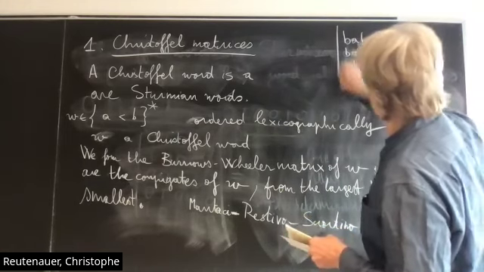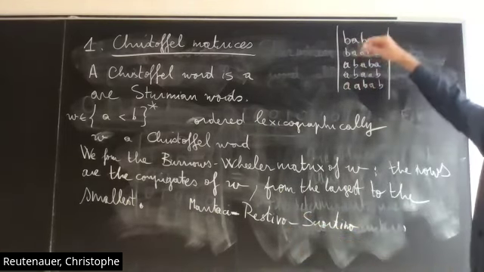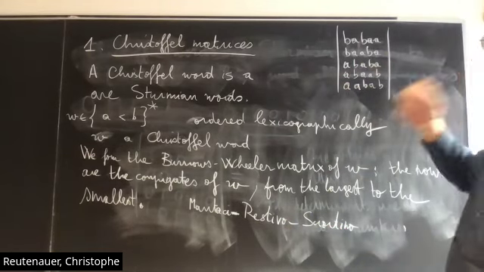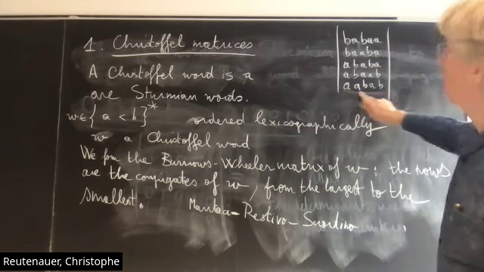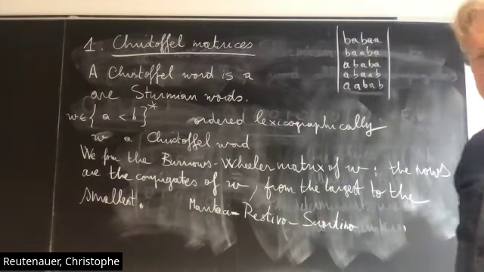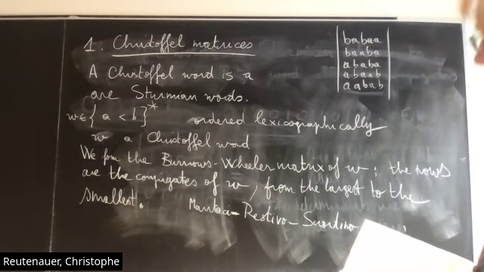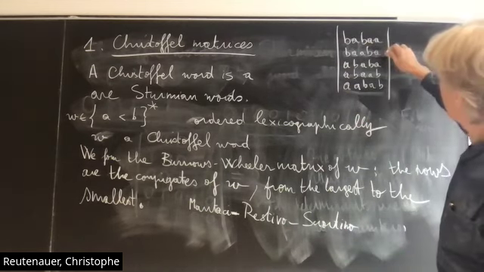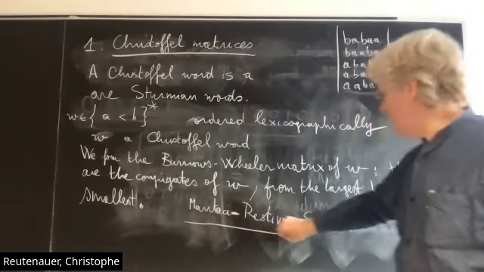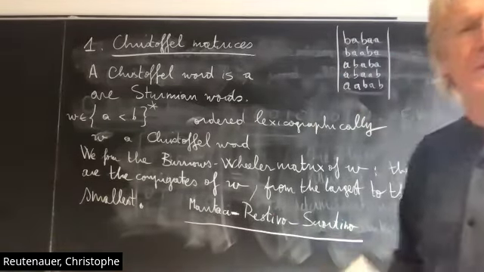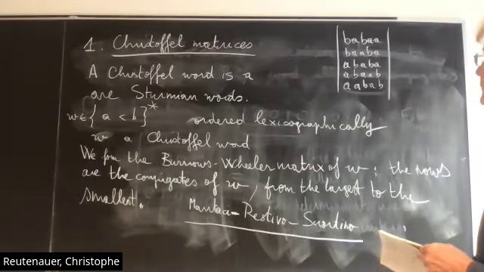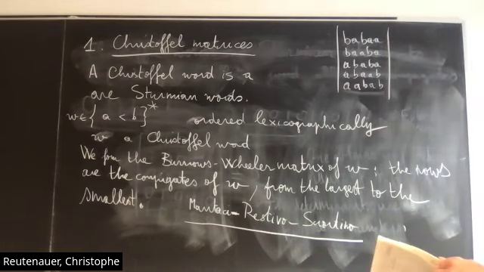You see the words are decreasing from the upper to the lower. It's called a lower Christoffel word, and this is the upper Christoffel word. The others are conjugates. And you see that the last column is increasing. These three authors proved that this characterizes Christoffel words: the fact that it is increasing.